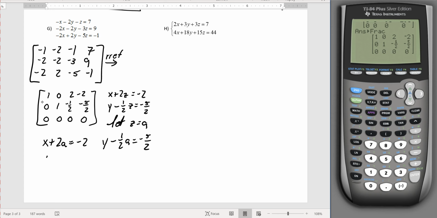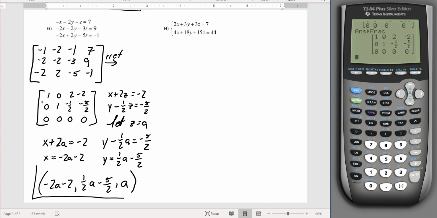Let's solve this here. So x equals negative 2a minus 2, y is 1 half a minus 5 halves. So my coordinate pair is negative 2a minus 2, comma, 1 half a minus 5 halves, comma, a. There we go. Alright, last one.